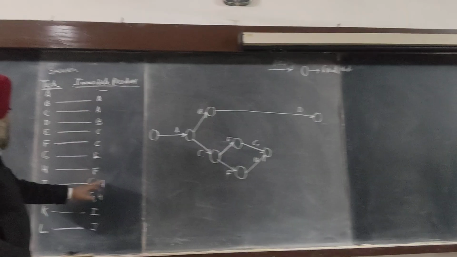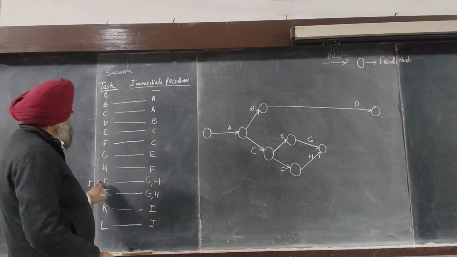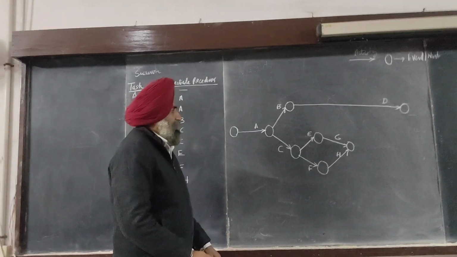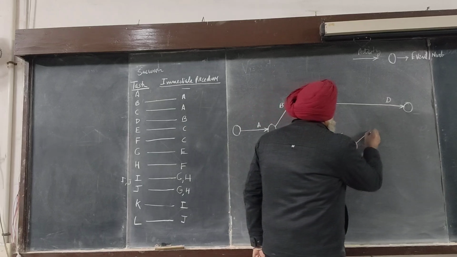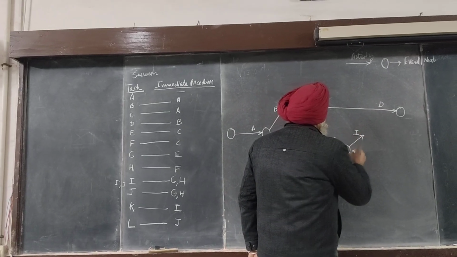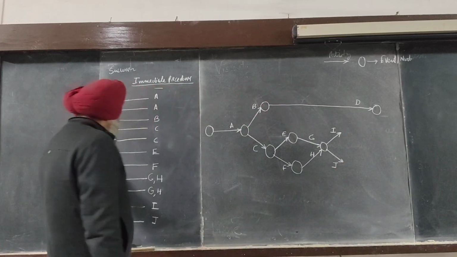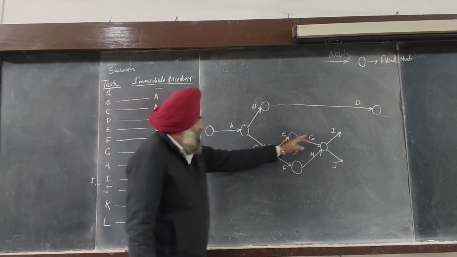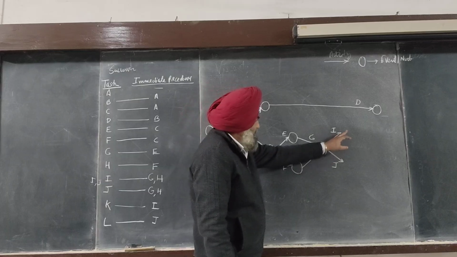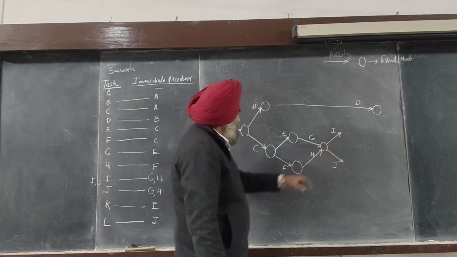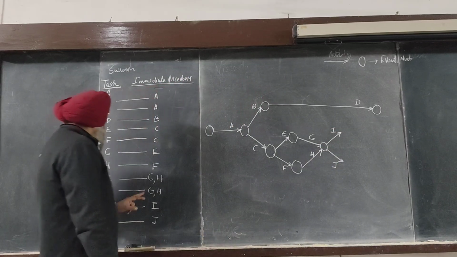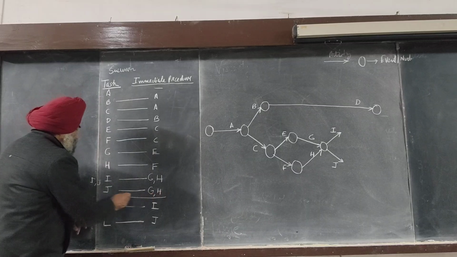Here, if you look, from G and H two activities are taking place, that is I and J. G and H, two activities are merging out into I and J. And we have reached here.